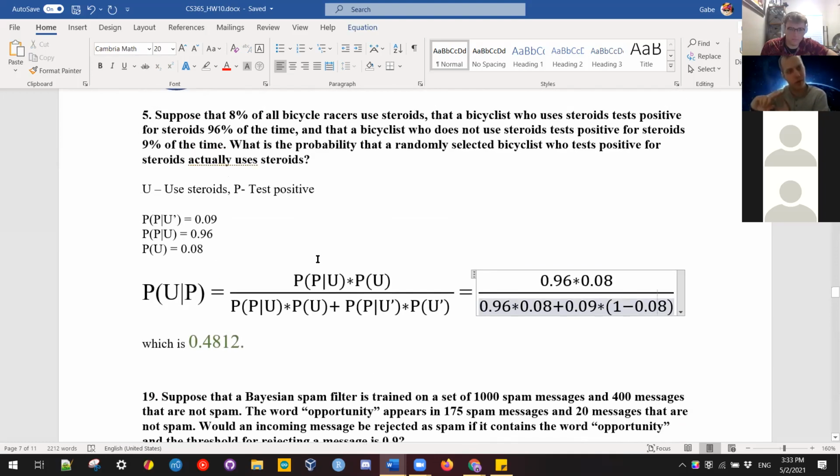Also, another point with all this Bayesian stuff: the numerator should be identical to one of the terms of the denominator plus another term. One of them should match exactly, because you have term 1 divided by term 1 plus term 2.